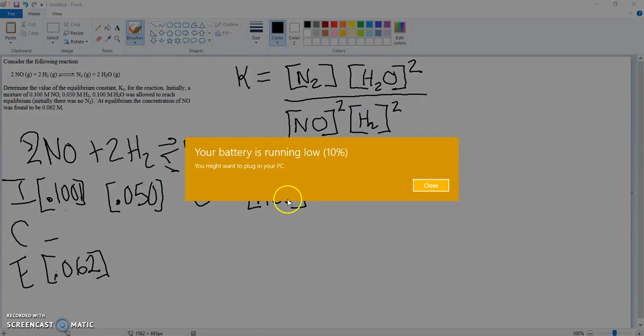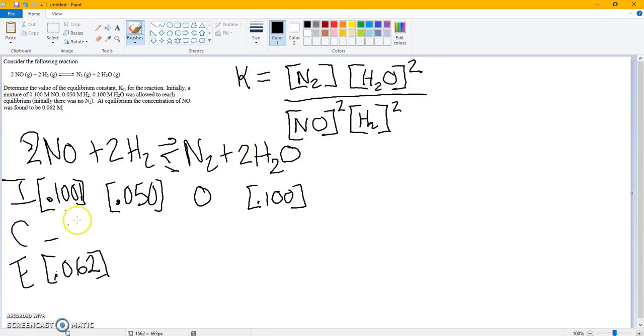Oh, man, I guess I need to plug in my computer. Alright, so I'm going to lose this, minus 2x, and then minus 2x, and then nitrogen I'm going to have to add, and then water, since we've already started off with some, I know I'm going to have to lose some water as well. So I have minus 2x, plus x, there we go.